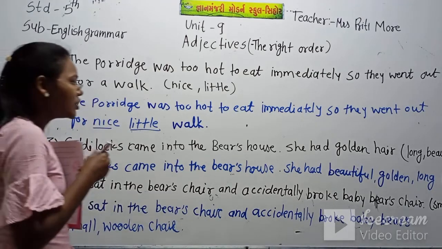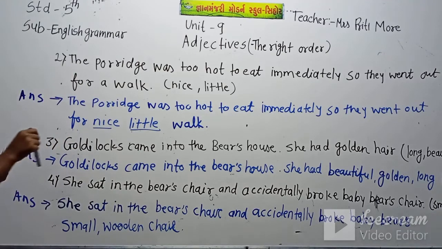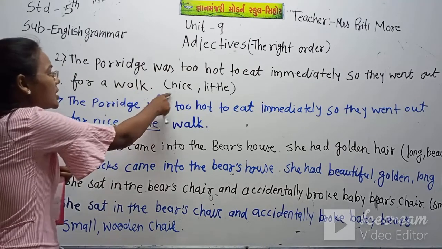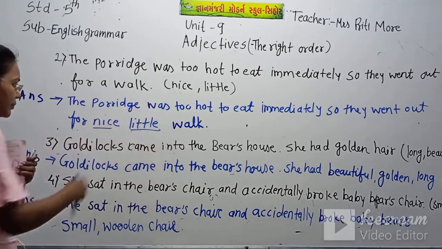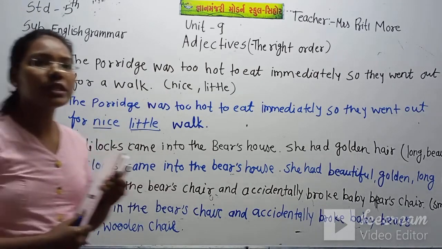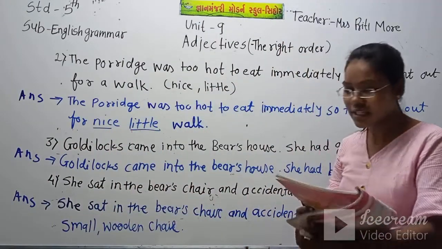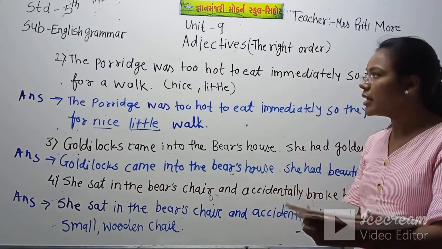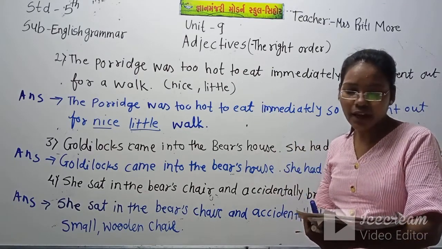Small wooden chair. So we have rewritten the sentences by using the adjectives given in the bracket, and according to the proper order we have written those adjectives in the sentences. So two sentences are left. You just complete the first one, then I can write the fifth and the sixth one.